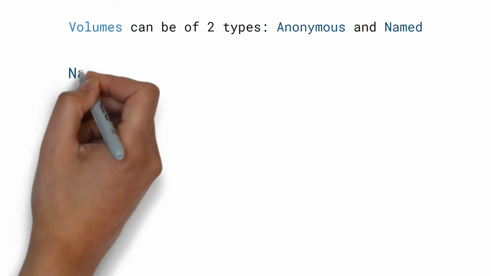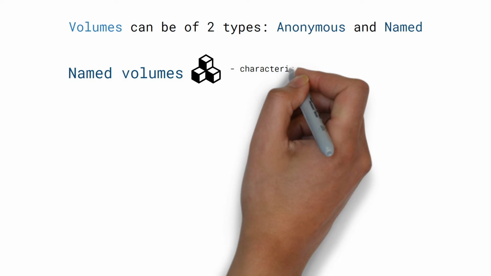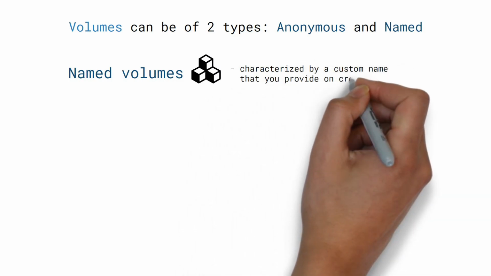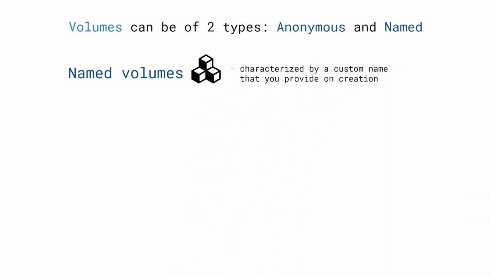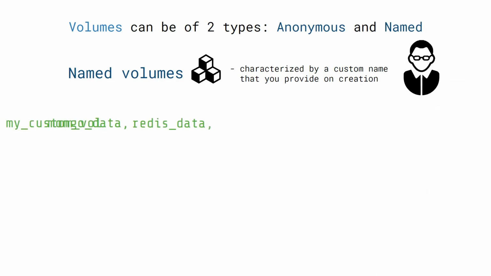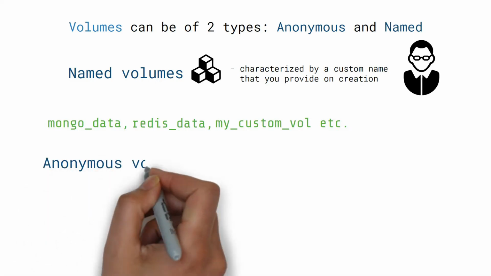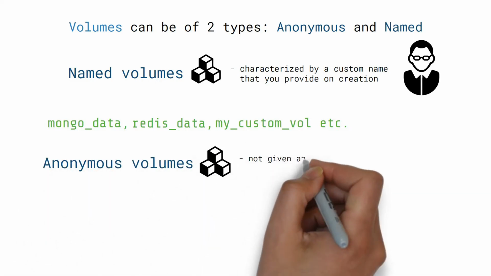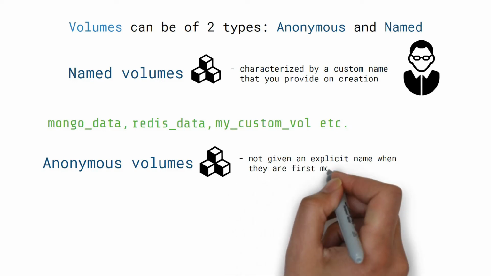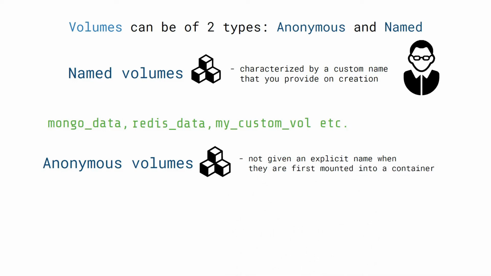Named volumes are characterized by a custom name that you provide on creation, which is usually human readable, like these ones. Anonymous volumes are not given an explicit name when they are first created. So Docker gives them a random name, like a hash.